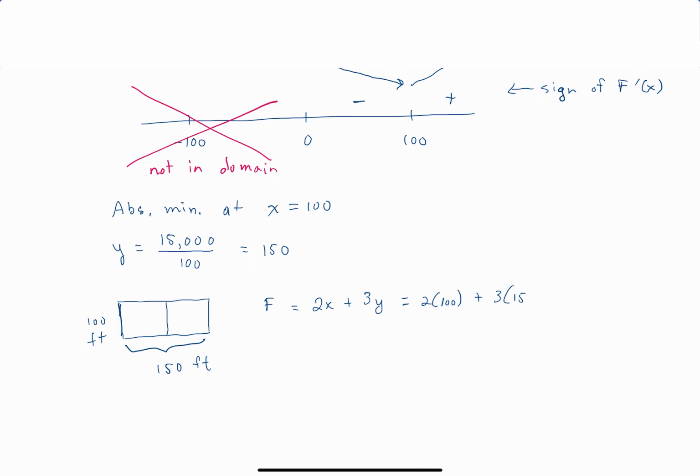So what's that? 200 plus 450? So 650 feet of fencing will be needed. That's the minimum amount of fencing you can use to enclose 15,000 square feet in this fashion.